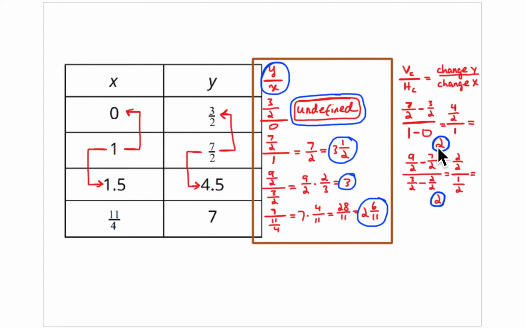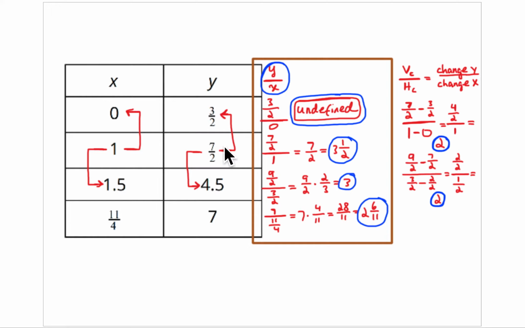And so let's look at another one. If you move from 1 to 1.5 along the x-axis, that's a change of half of a unit. 1.5 minus 1 is a change of half of a unit. 3/2 is the same as 1.5, minus 2/2, you're left with 1/2.